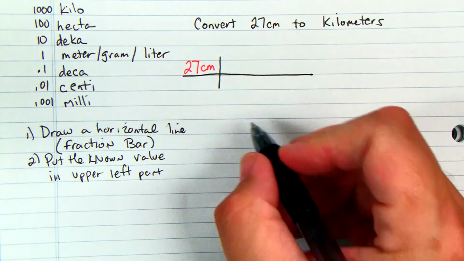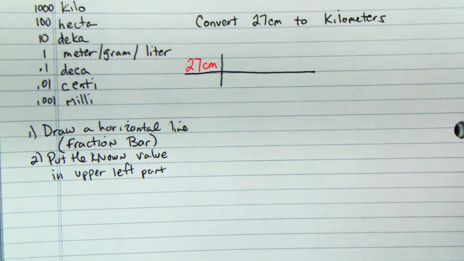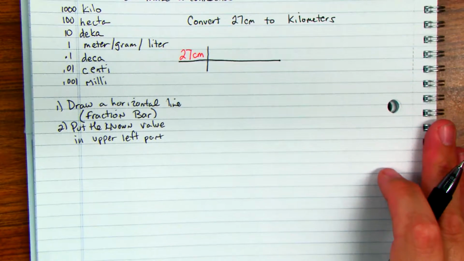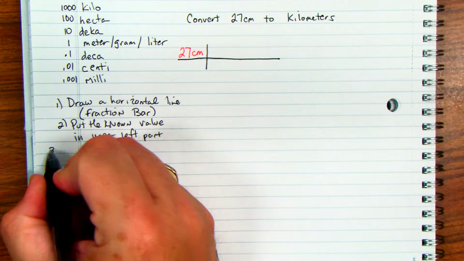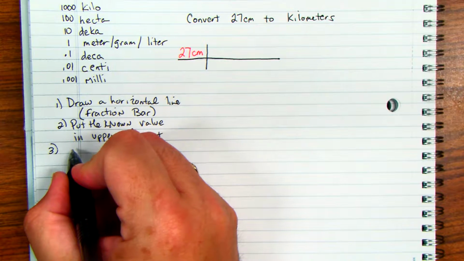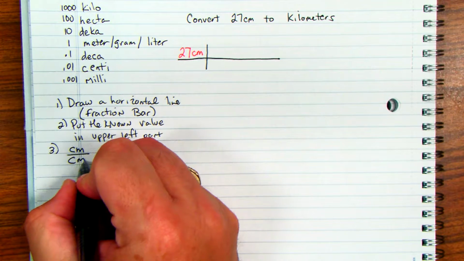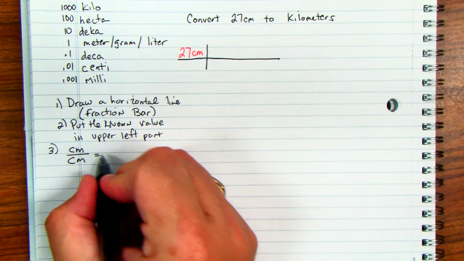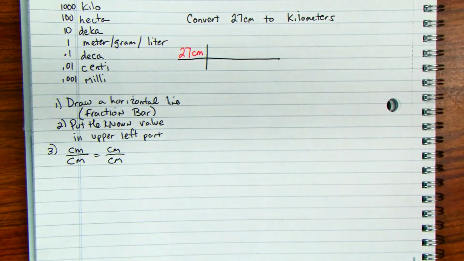Now, we're going to take advantage. Let me zoom out just a little bit so I have a little bit more space. We're going to take advantage of a mathematical fact that if you have centimeters divided by centimeters, you can divide them out.